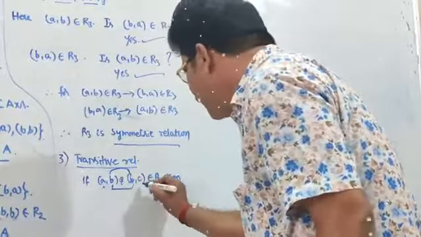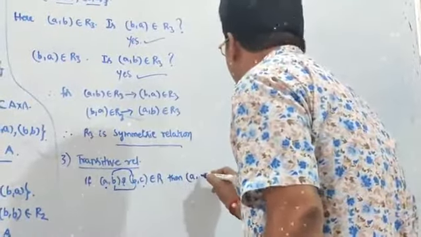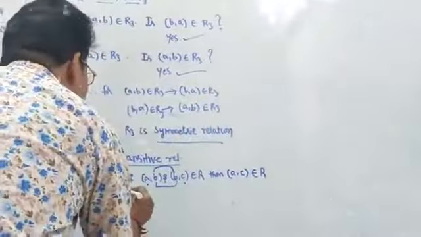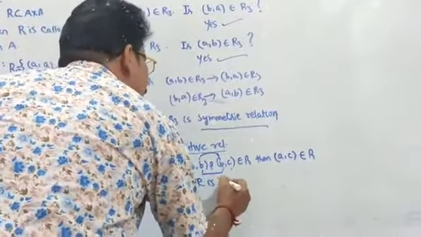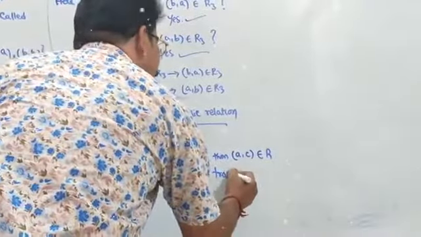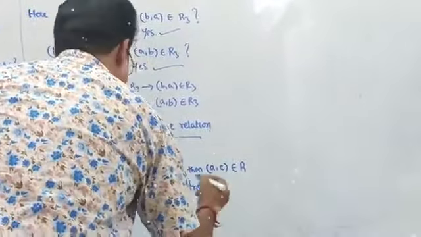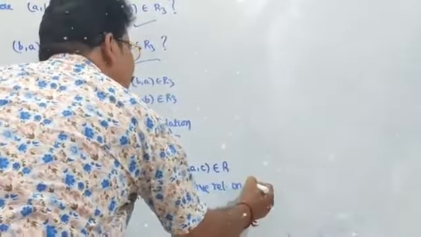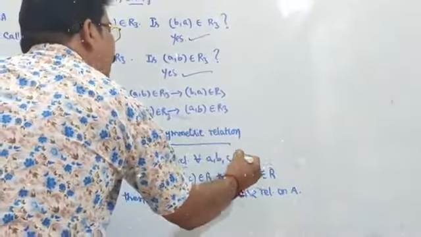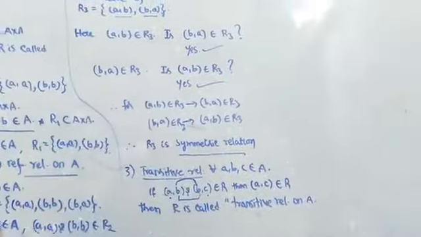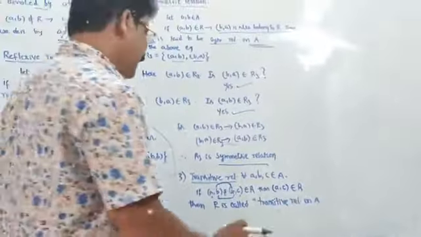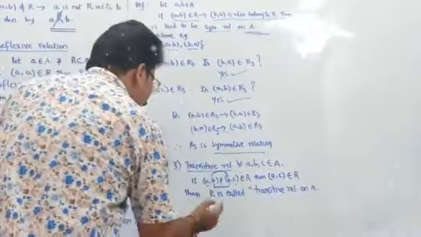Then the remaining letters (a, c) must belong to capital R. Then R is called a transitive relation on capital A, where a, b, c are in the main set capital A. Of course, capital R is a subset of capital A. It is to be understood that capital R is a subset of A. Example.